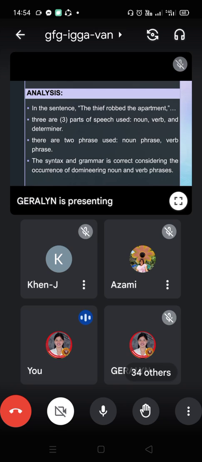So sa syntax analysis, ang goal nato is to come up with a conclusion as to whether it is grammatically correct or syntactically correct or there is an error in the sentence. Mo na purpose sa pag conduct of syntax analysis to determine whether the sentence is grammatically correct or not. Kung gi-follow ba niya ang rules sa grammar. So, ang guide ninyo ani katong subject-verb agreement nga gibuhat nato before.